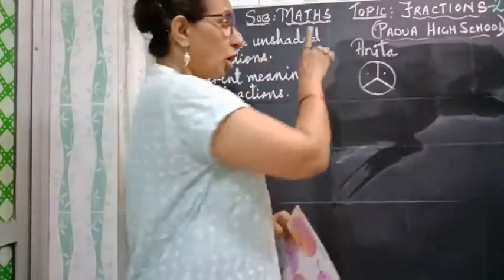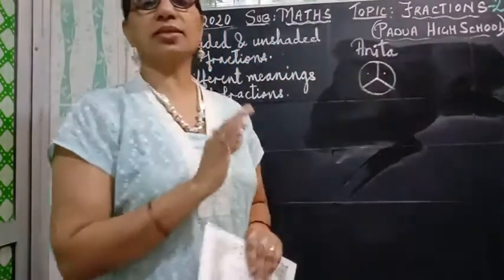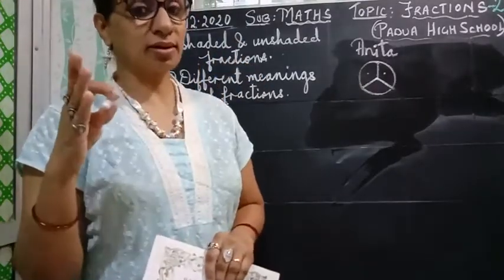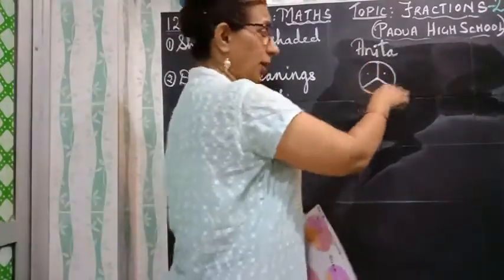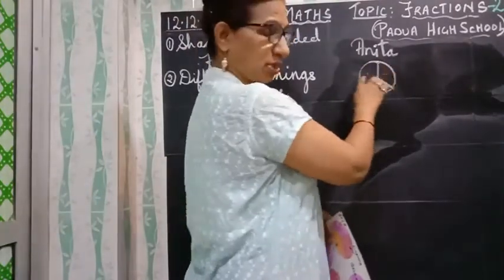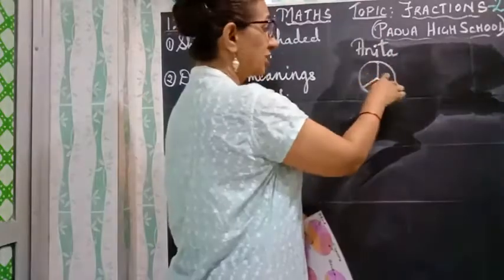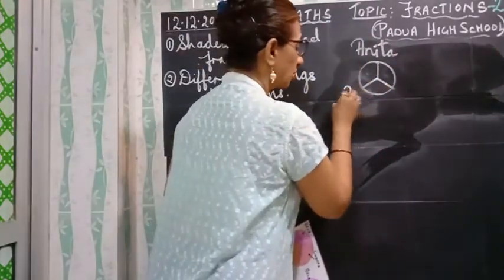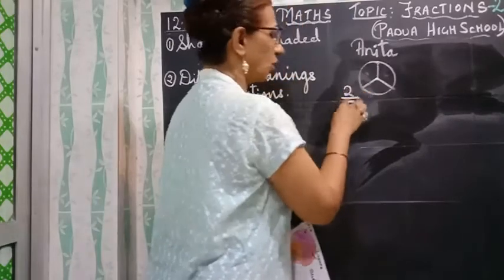So how much of a chapati did she have? Because there are 3 parts made of the chapati, and she has eaten 2 parts, that means she has eaten 2/3 of the chapati. So 2 upon 3.